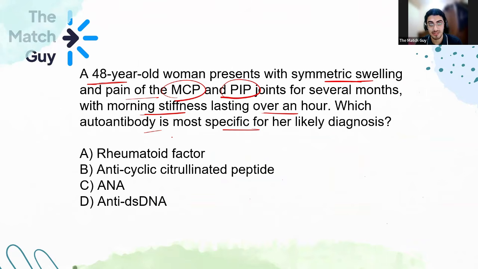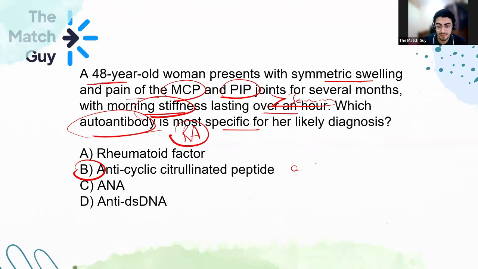Excellent. So this is a classic presentation of rheumatoid arthritis, a female presenting with symmetric joint pain and also stiffness in the morning that is more than 30 minutes. It's very important that it should be more than 30 minutes because less than 30 minutes, it can also be osteoarthritis. So which autoantibody is specific for rheumatoid arthritis?